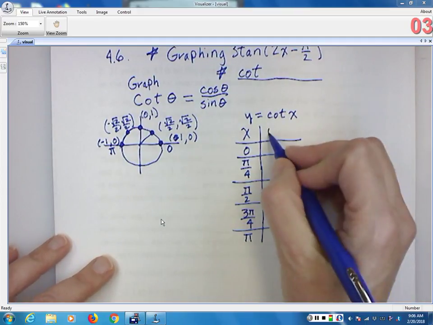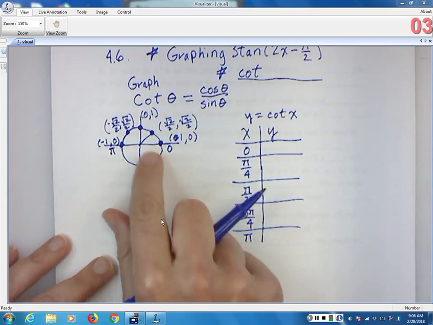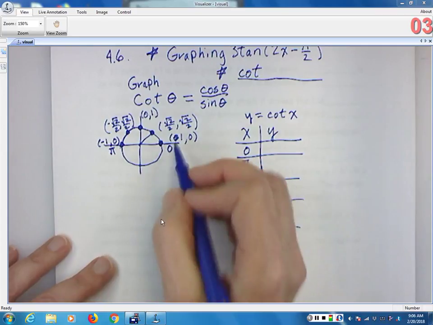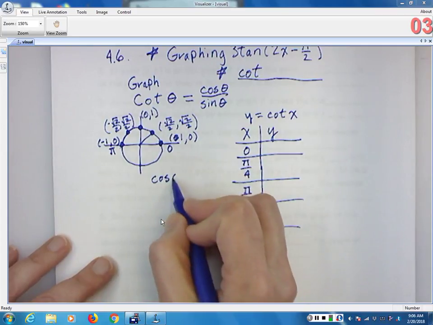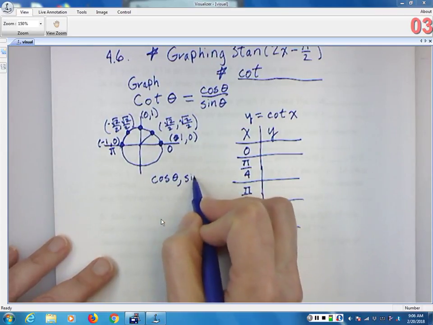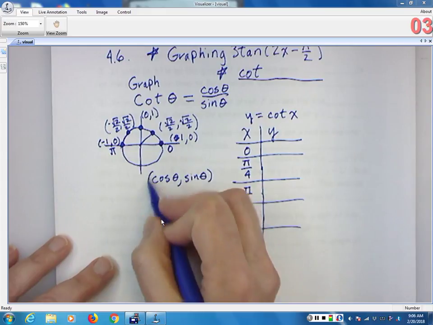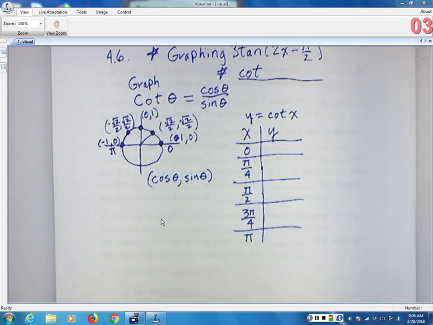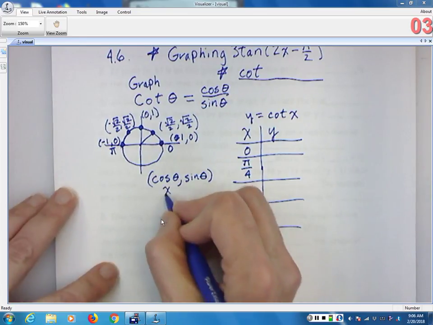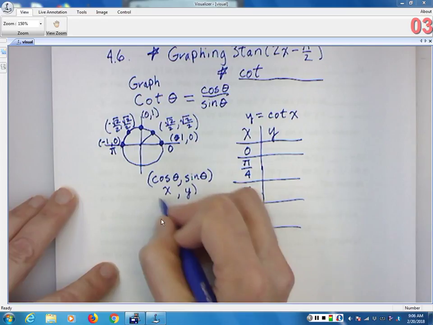So cotangent, remember we've got cosine over sine. On the unit circle, the x coordinate is cosine and the y coordinate is sine.